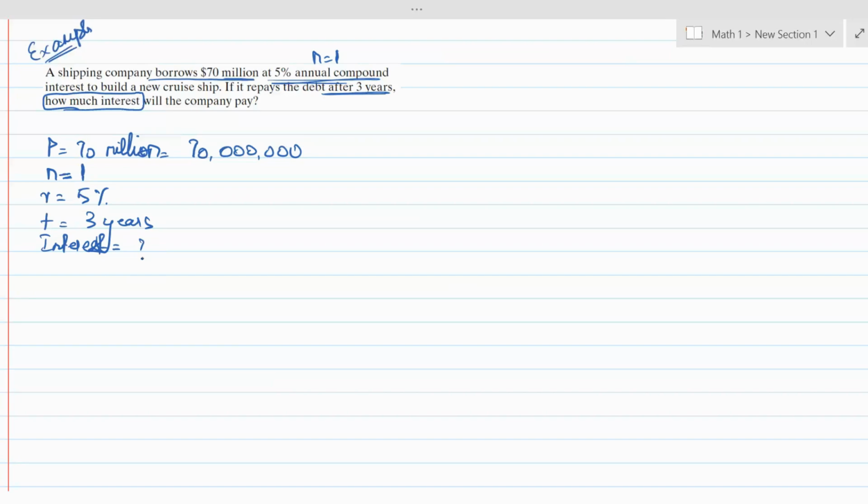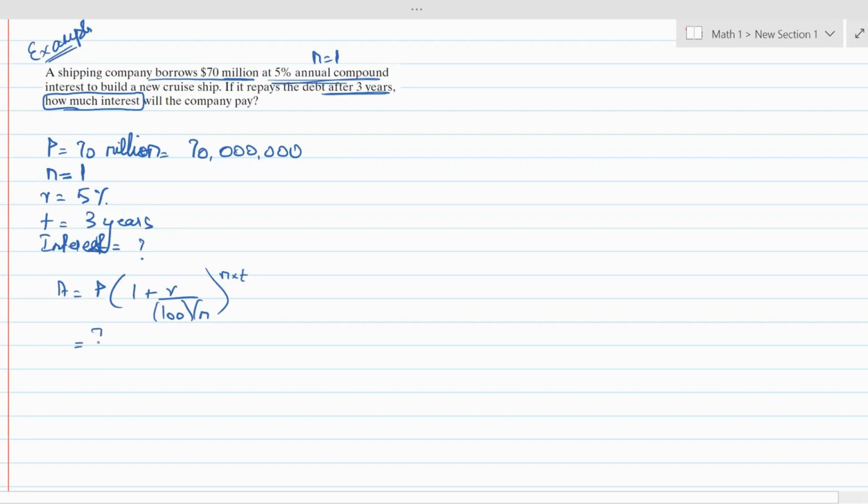So total amount A is equal to principal times (1 plus R upon 100 into n) whole power n into t. P, the principal here, is 70 million. One plus rate, here it is 5 upon 100 into 1 only, whole power 3 years means 3 into 1.